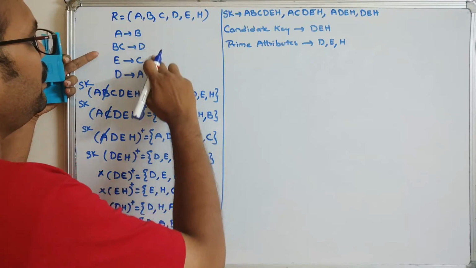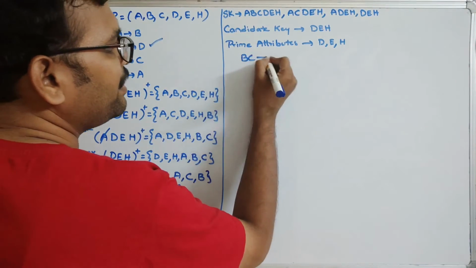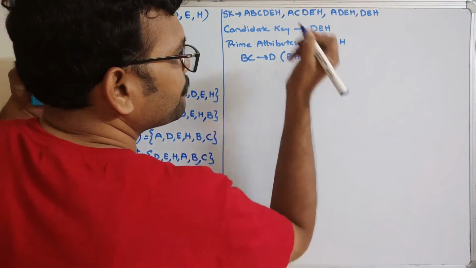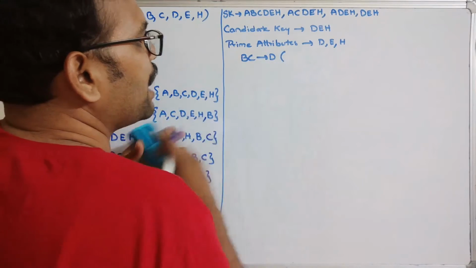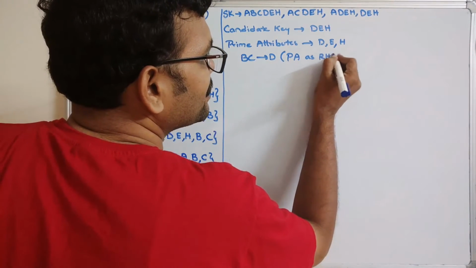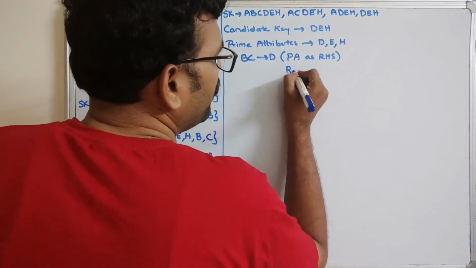So you can see, BC determines D, which has a prime attribute as RHS. So what we have to do? We have to replace.